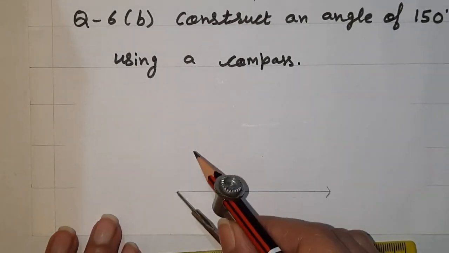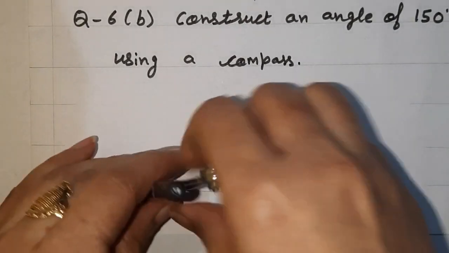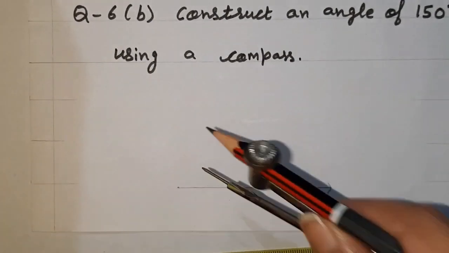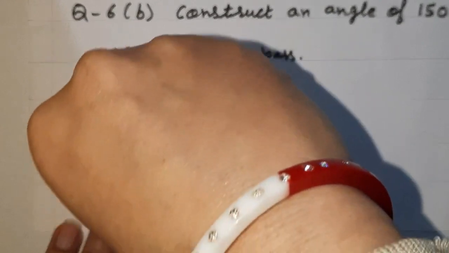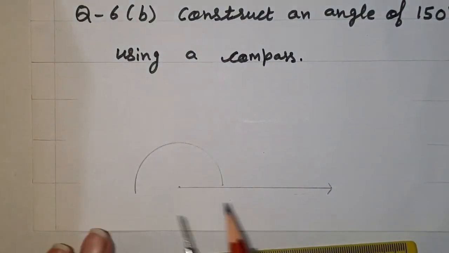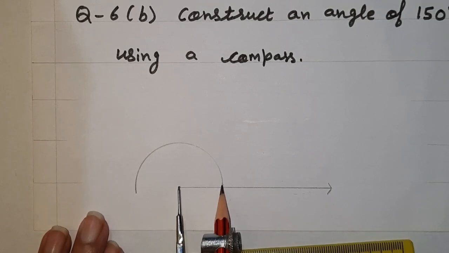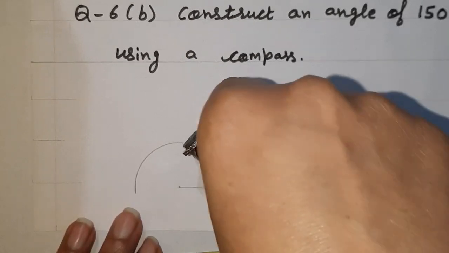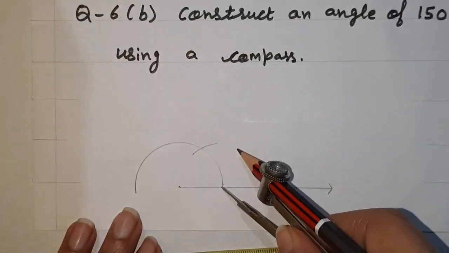So, open the compass with a suitable radius, set it and draw an arc. In this way, it will touch the ray. Now, this angle is of 60 degree.